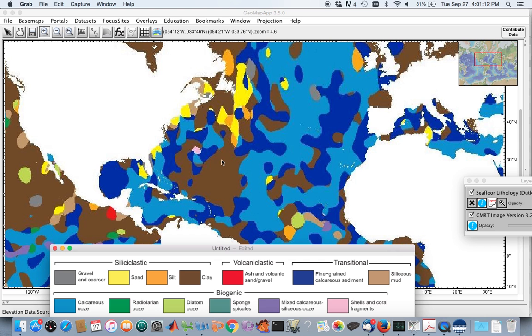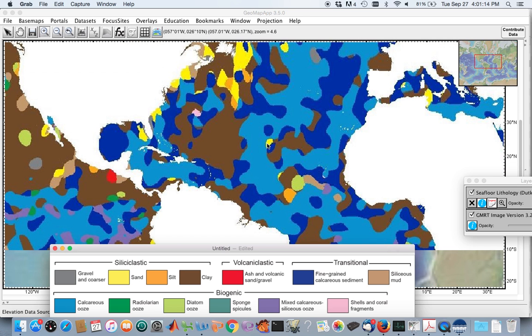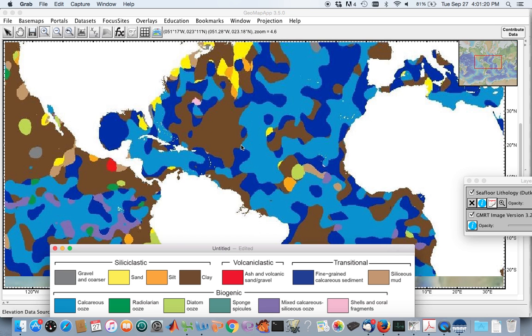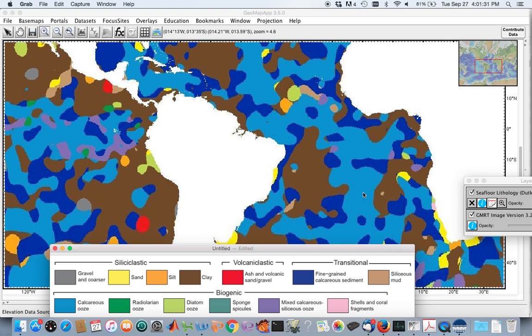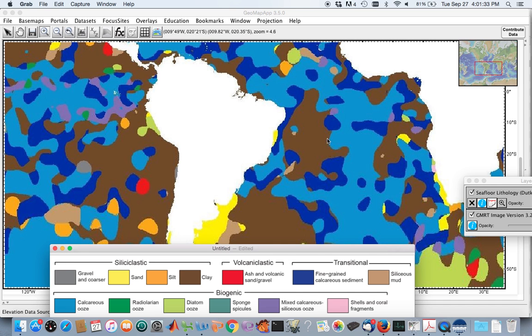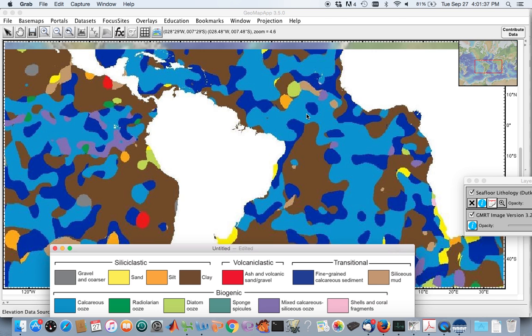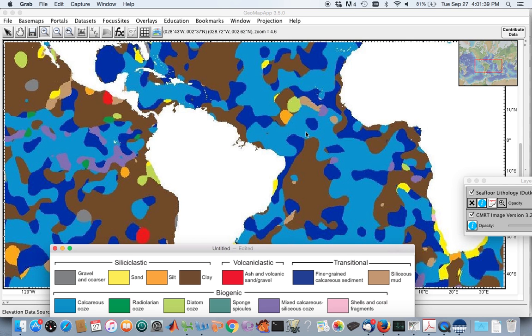And the finer clays are further away on the deep sea floor, okay, because the small particles can be transported further distances before settling. So we have a lot of fine-grained calcareous sediment and calcareous ooze. Those are the light and dark blues. So you see that a large portion of the sea floor is covered by calcareous ooze or deep sea clays. So that's what most of the deep sea floor is covered with.